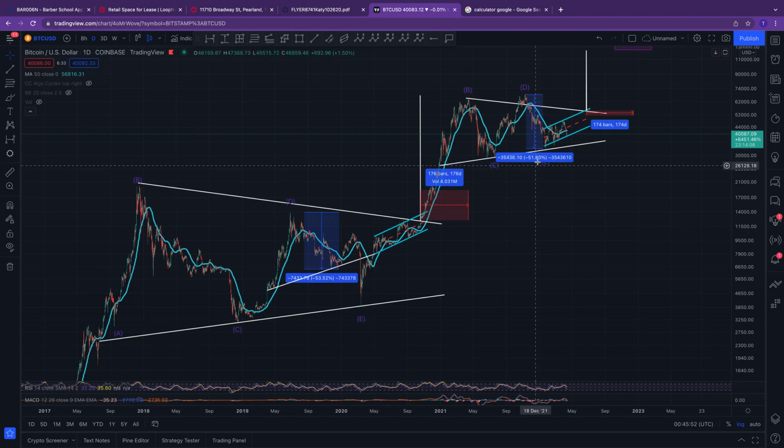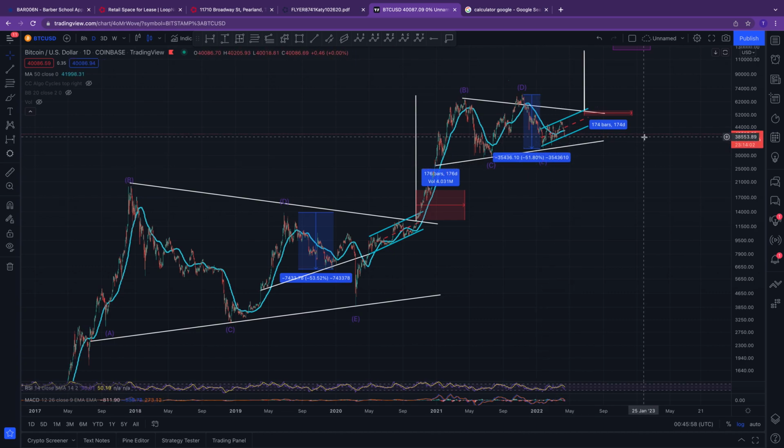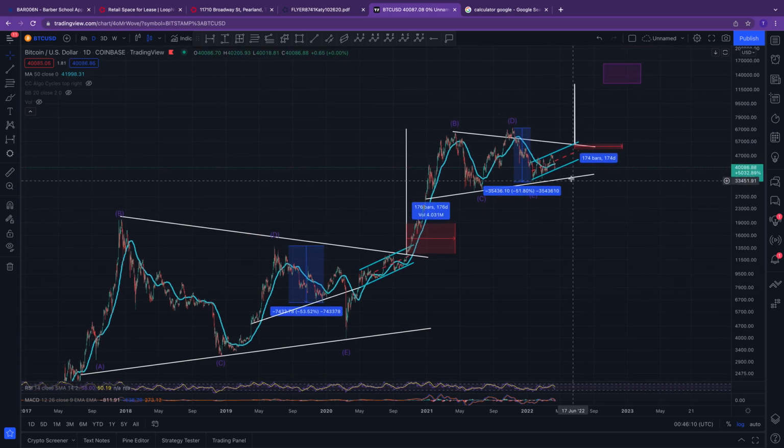But as you can see, we're continuing to get higher lows. A lot of people are holding on to their Bitcoin, sitting right here at about $40,000. While we're at the bottom portion of this triangle, I still think it's a great opportunity to be dollar cost averaging into a lot of cryptocurrencies that are strong, and then we can ride them up to the top of this cycle.